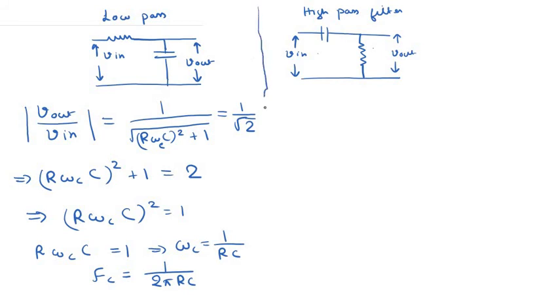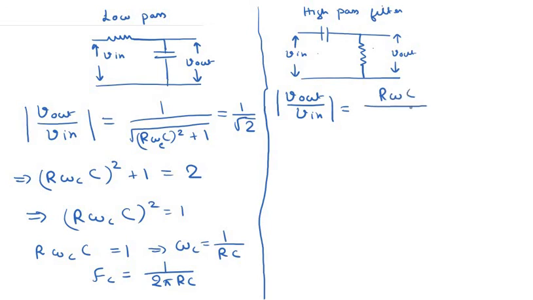Let us see what results we get for the high pass filter. Again we use the same equation: at the cutoff frequency, mod of V out divided by mod of V in, which we derived for the high pass filter to be r omega c divided by root over (r omega c) square plus 1, should be equal to 1 by root 2.